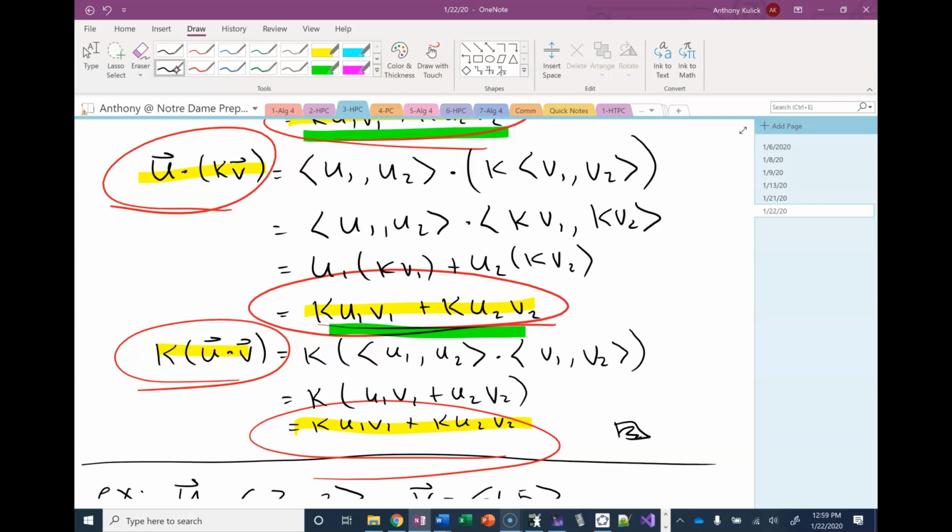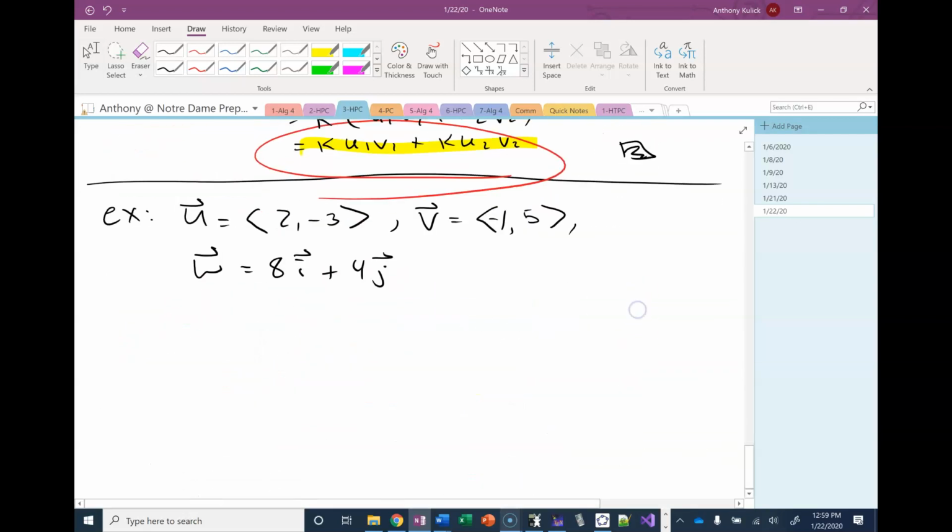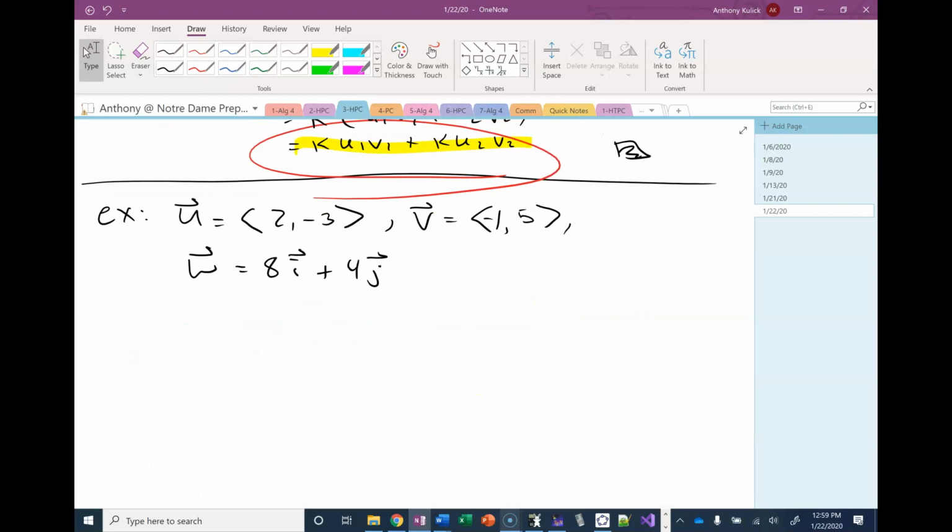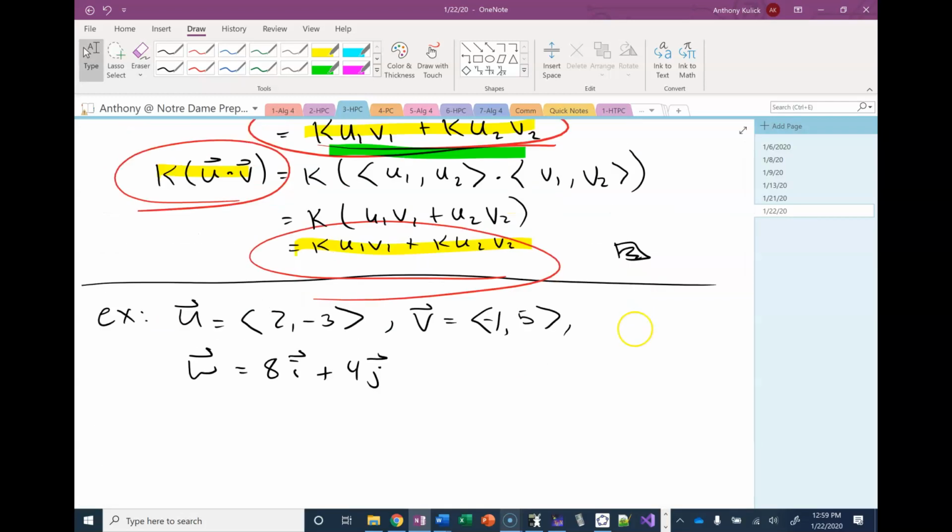If I want to show three things are equal, if they're all equal to the same thing, they must all be equal to each other, right? That was the proof. That's how you do almost all algebraic proofs, just symbolically showing that one side and the other side are both equal to the same thing.